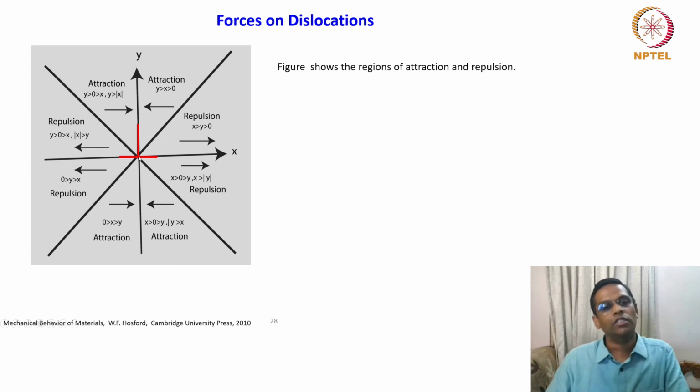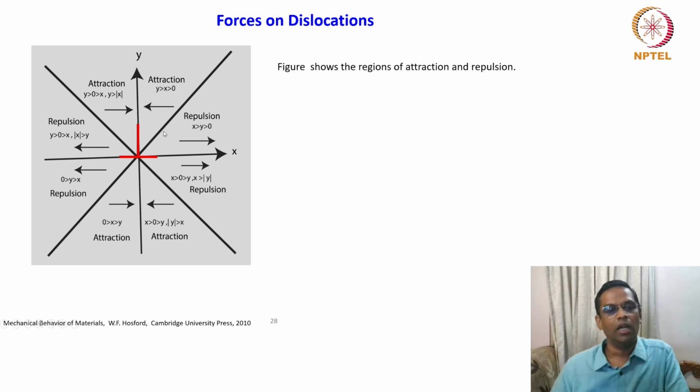So what does it mean? In the initial description, we said that the top half is the hydrostatic compression, and the bottom is hydrostatic tension. Within that, we now have some classification.